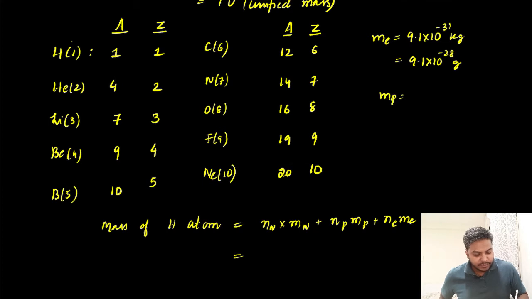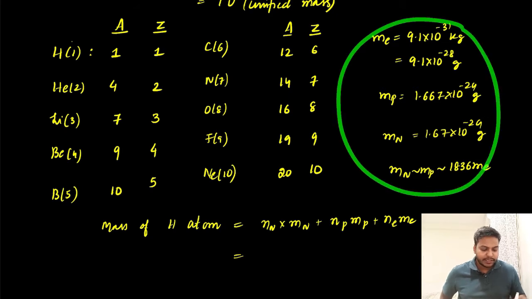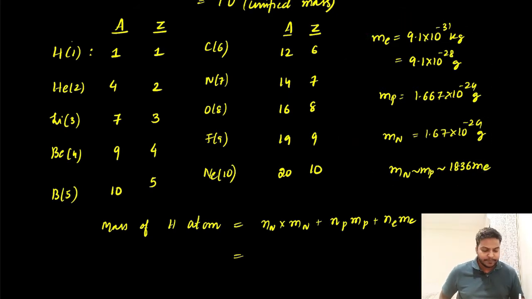Mass of proton is 1.667 into 10 raised to power of minus 24 grams, and mass of neutron is 1.67 into 10 raised to power of minus 24 grams. Mass of neutron and mass of proton are almost the same, and they are 1836 times that of mass of electron. So this basic information I would suggest all of you better have an idea about, the mass of electron, proton, neutron, how they are.